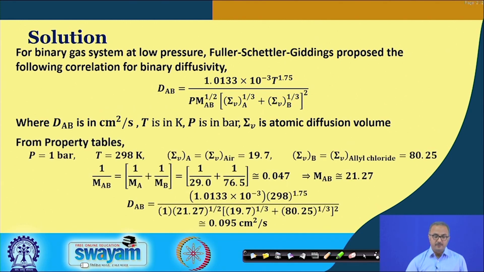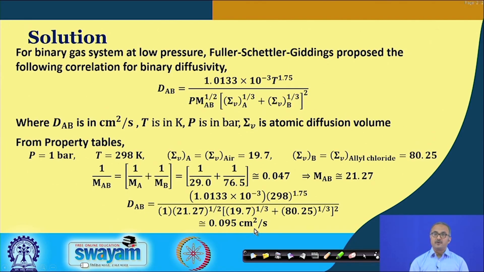So, now again from the property table we can get the value of this sigma V for air and for allyl chloride, and we find the value of the MAB from this particular formula, and then the job is simple: you simply put the values in this correlation and compute the diffusivity, and this is coming out to be 0.095 centimeter square per second.